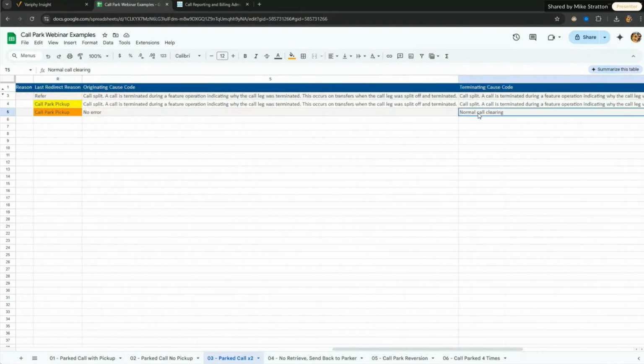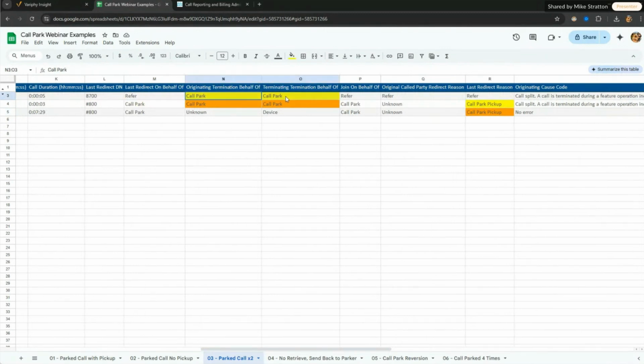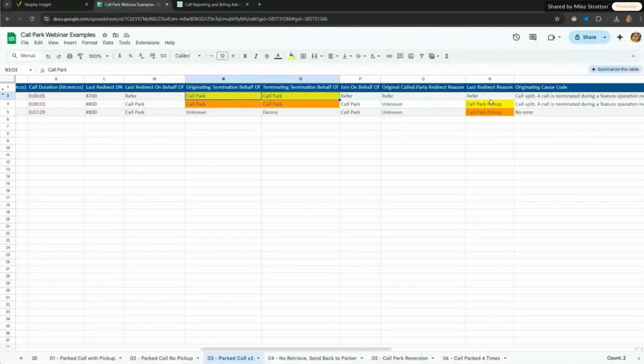And then if you scroll all the way to the right, looking at the cause code, the call terminates. So by just doing a simple search on call park, and I've seen this a lot when we really dig into the call park data, a lot of times we'll see records where calls are parked multiple times. Maybe they're saying, "Oh, are you still waiting?